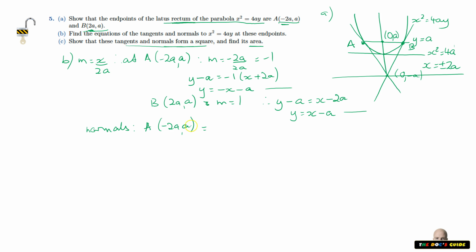When we put the slope of plus 1 into this equation here, we'll get y minus y1 equals m outside of x minus x1, so y equals x plus 3a. So we've got a line passing through here, which is going to have a slope of 1, and it's going to cut up here at 3a.